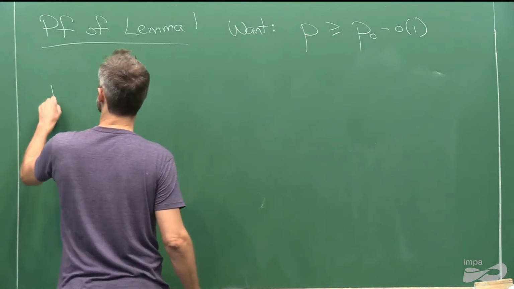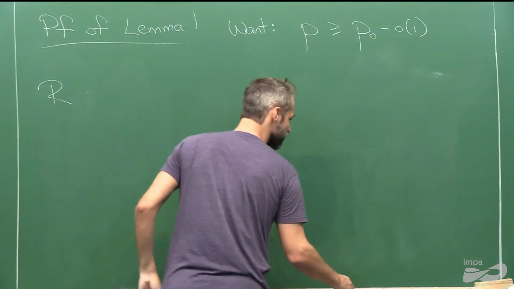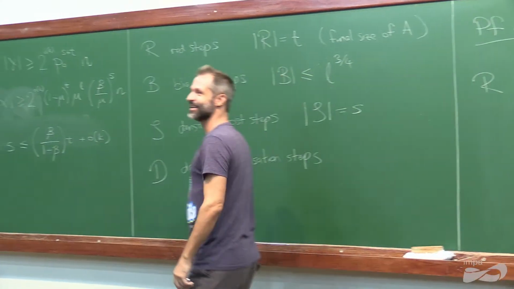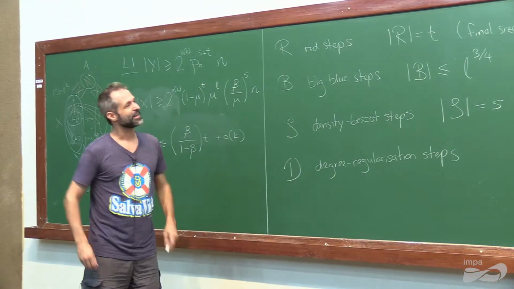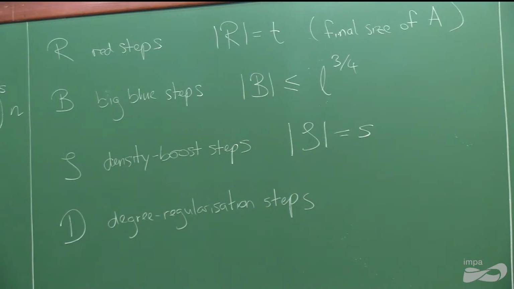How about in a red step? Perhaps I'm going to add some notation. For people who are reading the paper, this is useful, so I'll just start introducing the notation from the paper.